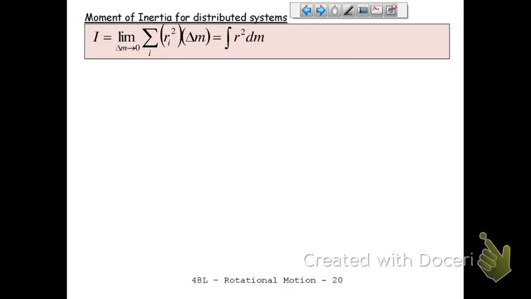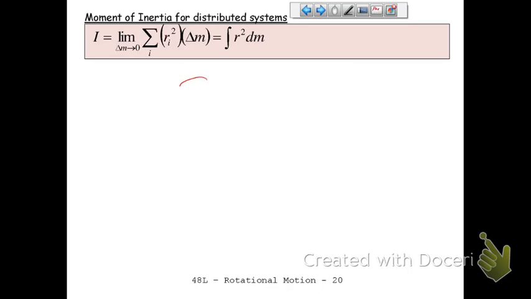Moment of inertia for a distributed mass system. So for a distributed mass system, well, it's now kind of like an object. Could be a cloud, could be a potato.